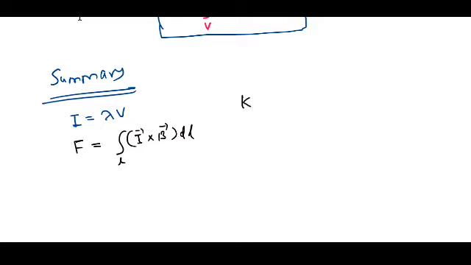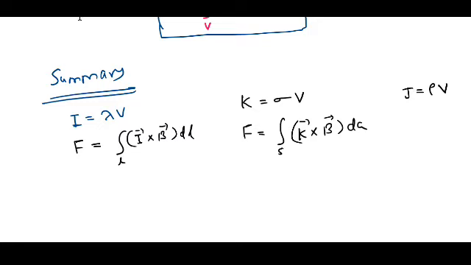The surface current is K equal to sigma V. The force on the surface current is the integral of K cross B dA. Similarly, the volume current density we have defined as rho V. Then the force on the volume current is the volume integral of J cross B d tau, or dV. You can choose whichever you want.